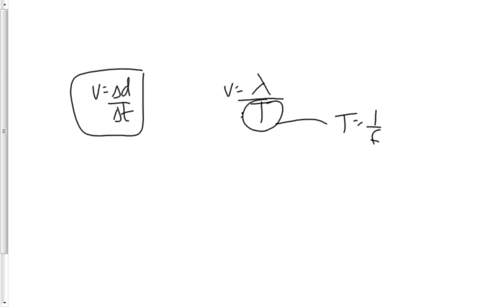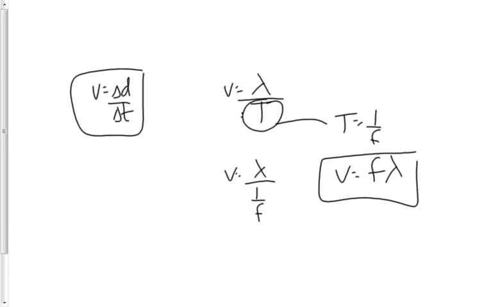So this equation becomes v is equal to lambda over 1 over f, which simplifies to f times lambda. That one's on our equation sheet. We call this the universal wave equation. Most equations don't have a name, but this one does.